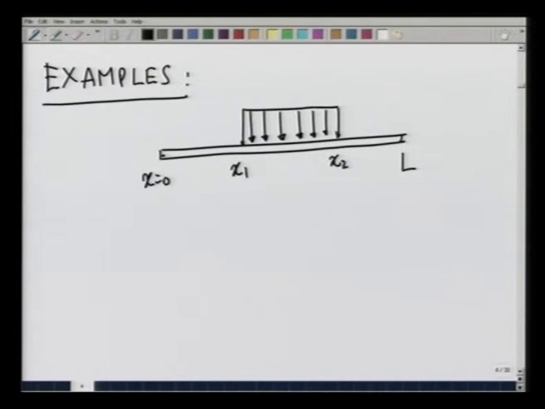In that case, one can easily see, suppose this magnitude is W, one can easily see that the net force that this applies is the area of this rectangle, which is going to be (x2 minus x1) times W.